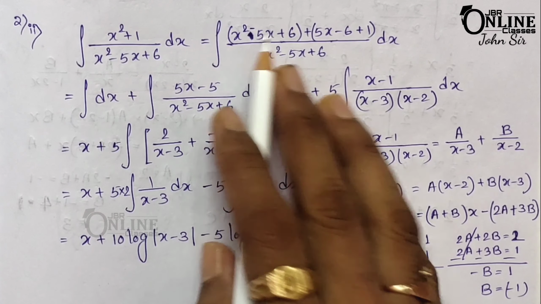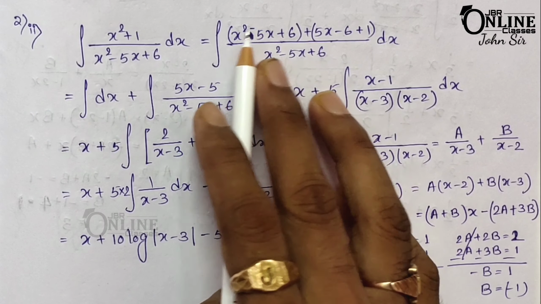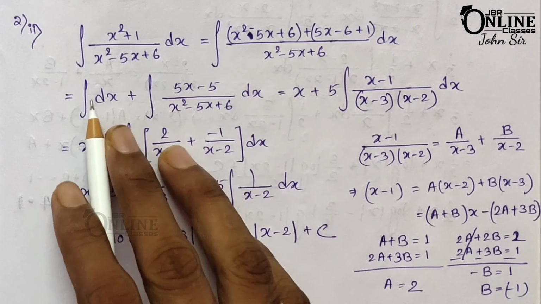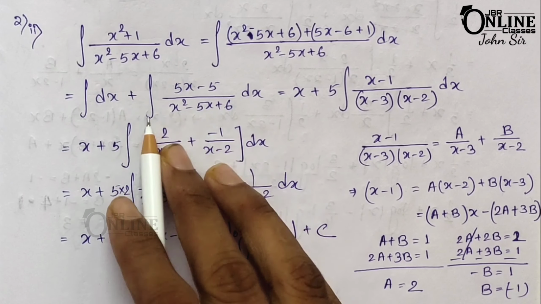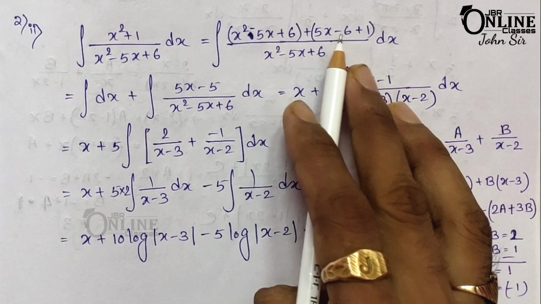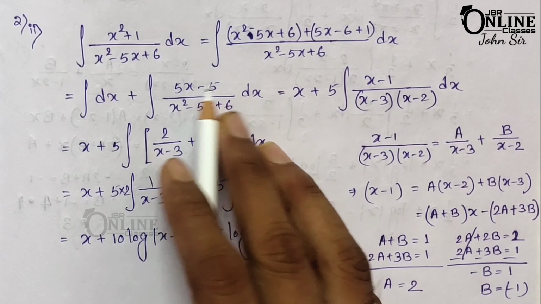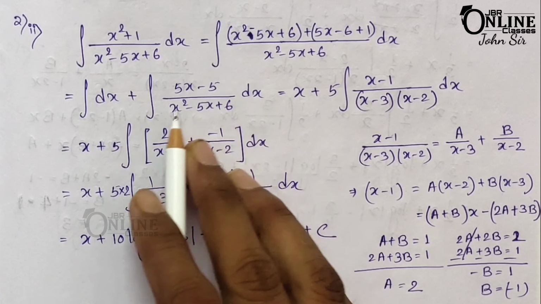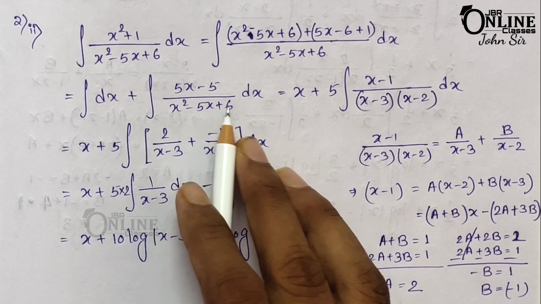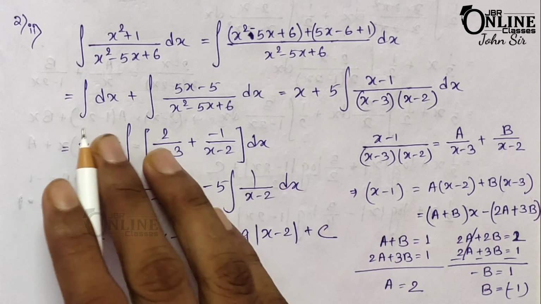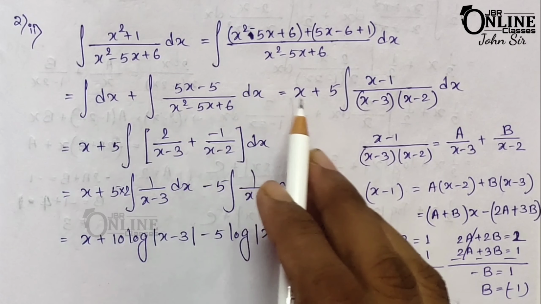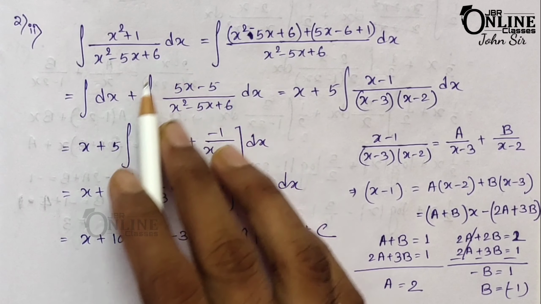Now if you separate this, it will be this one by this one and it becomes 1, both are cancelled out. Then plus integration, now here 5x and here minus 6 plus 1, it's minus 5. So (5x minus 5) by (x square minus 5x plus 6) dx. I hope it's clear. Now it's very easy, integration dx equal to x.